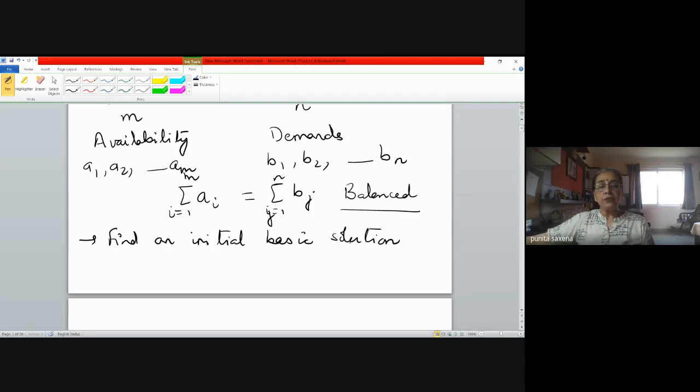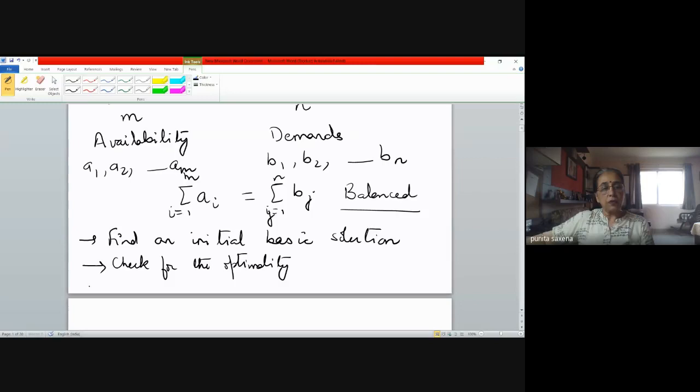Once we have the initial basic solution, the next step is we check for the optimality of this initial basic solution. That means we check whether the solution that we have obtained is optimal or not. If optimal, we end. That means we stop the problem and take that as the solution.